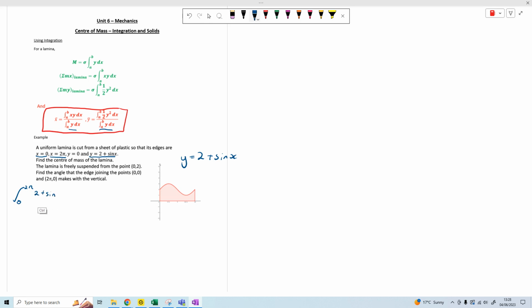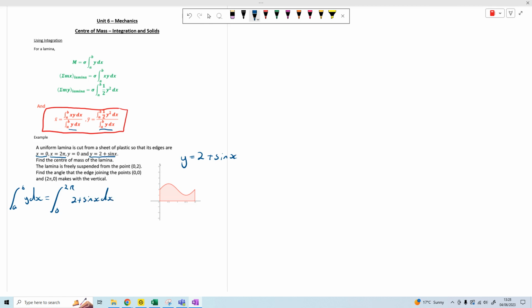Let me write out my formula: this one is the integral from a to b of y dx. So let me put my functions in: between 0 and 2 pi, 2 plus sine x.